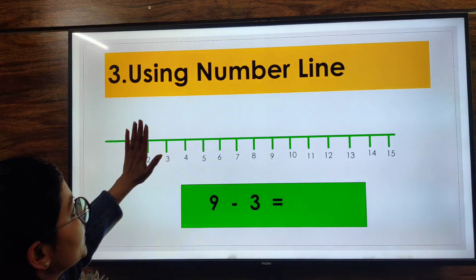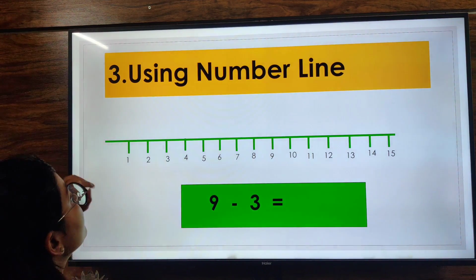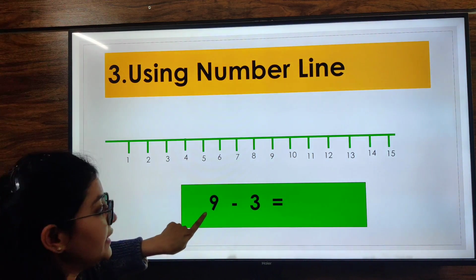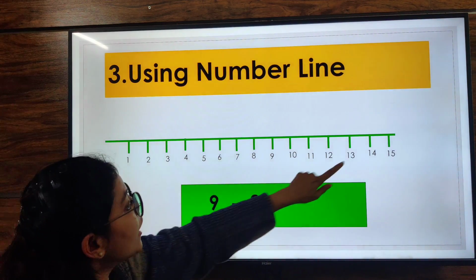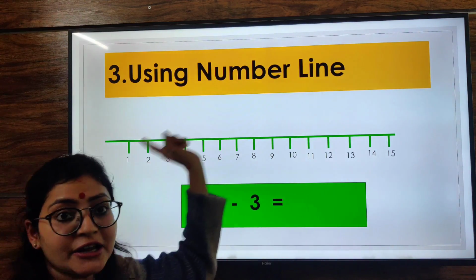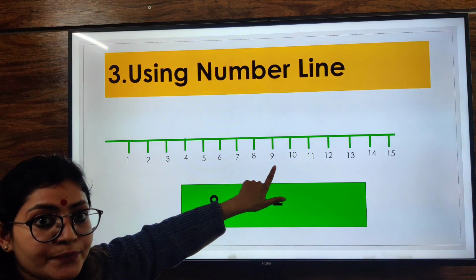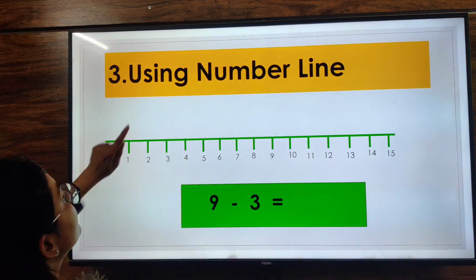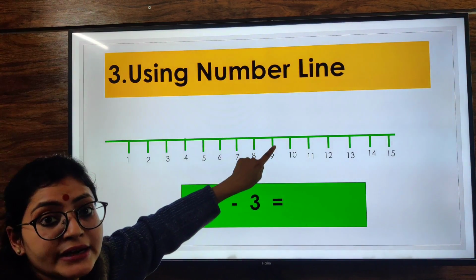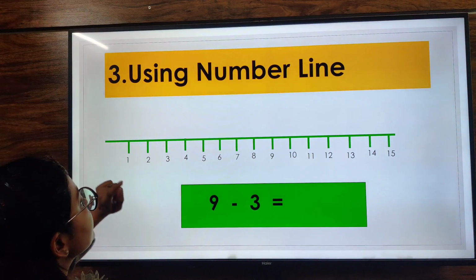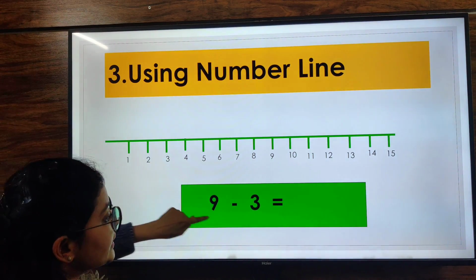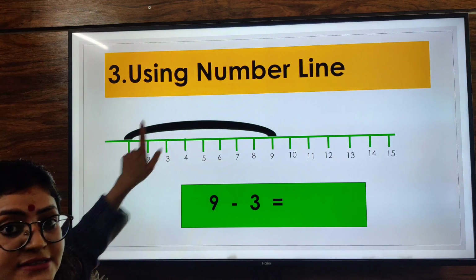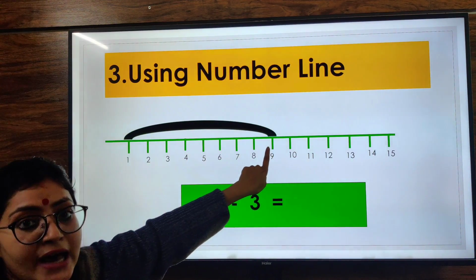When we are doing subtraction on number line, first we will see what our first number is. My first number is 9. So I will find this first number on the number line. 9 is here. Now I will draw a semicircle from 1 to 9. So this is our semicircle from 1 to 9.